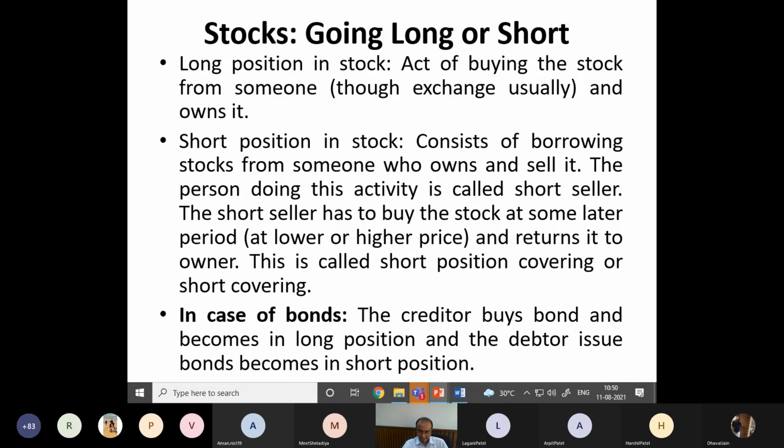How? I have to buy that stock at a later time. So see, this is slightly difficult in modeling. Short position means I do not have anything in my portfolio or in my hand, I am not owning anything, but still I am selling it by borrowing it.